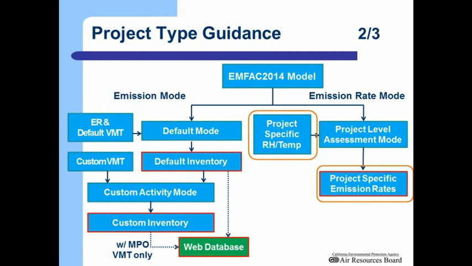In the next slide, we're going to show a comparison of 4 data types: the information provided in the default inventory, the custom inventory, the web database, as well as the emission rate.